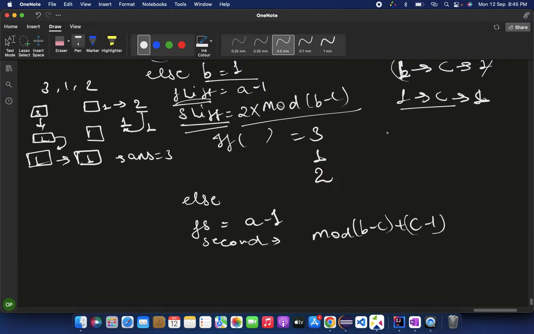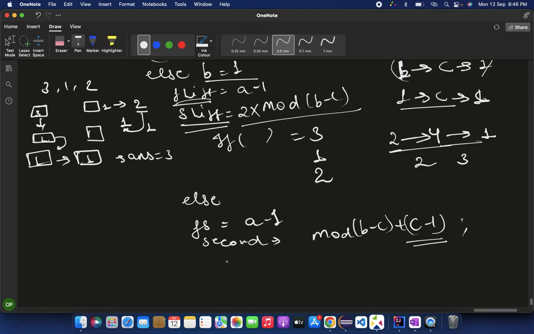Say the second lift is on the second floor and c is given as 4. Forget about a for now. How much time will this lift take? First it goes from 2 to 4, then from 4 to 1. This takes 2 seconds and then 3 seconds. That's why I am doing c minus 1.